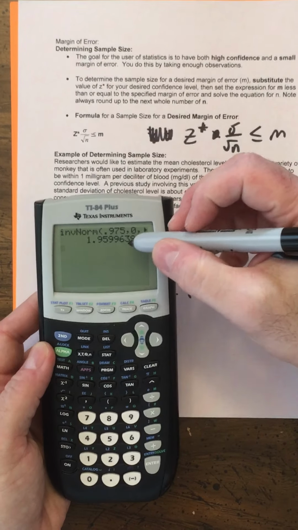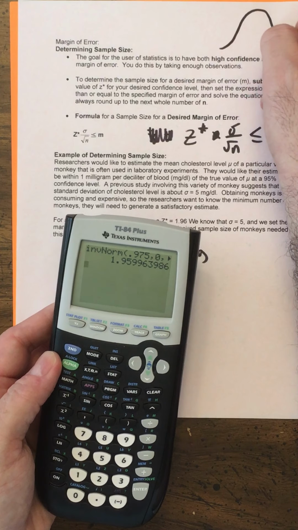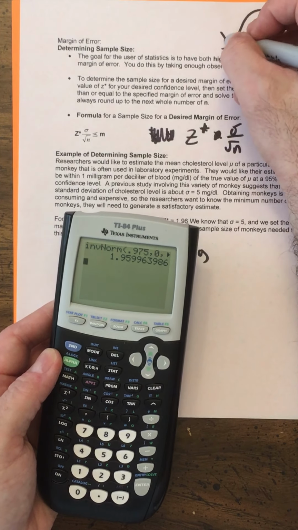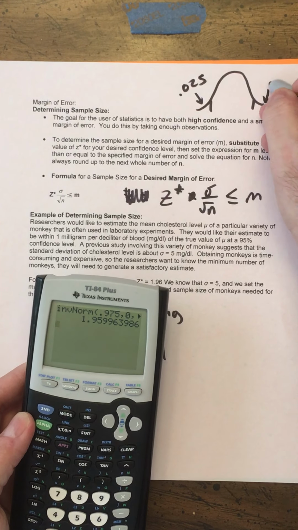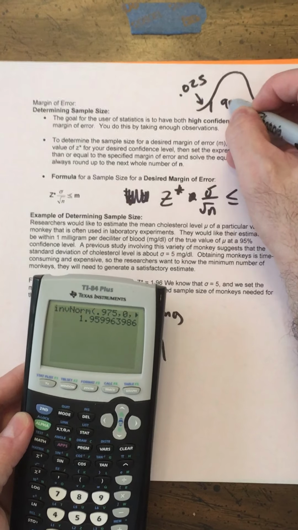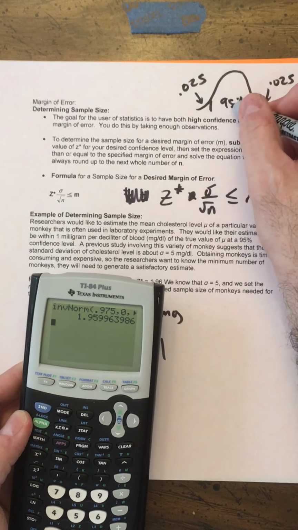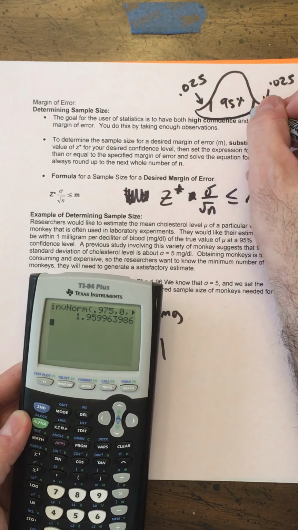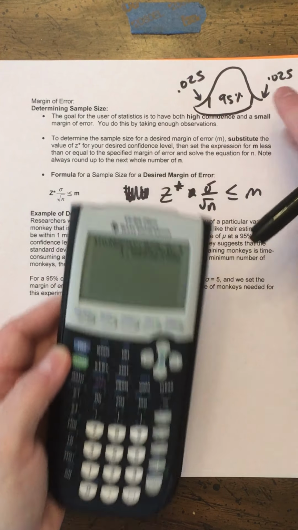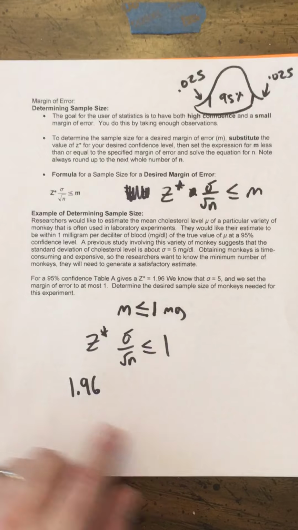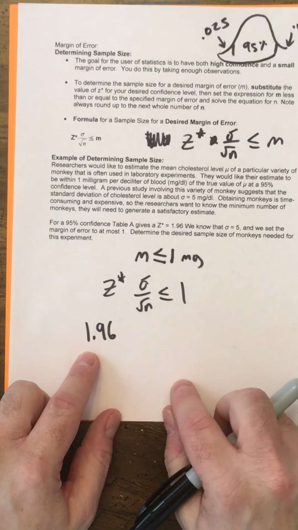Remember, it's 0.975 when you put it in here, because 0.025 is here, and 0.025 is here, 95% is here, but if you add the 95 and the 0.025, it gets you 97.5% or 0.975, and that's going to give you that z value. So that z value is 1.96.